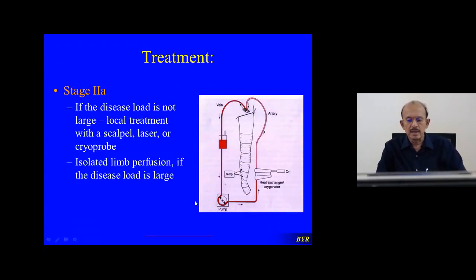What is this isolated limb perfusion? You apply a tourniquet just below the groin. Make an incision to expose the femoral artery and femoral vein.